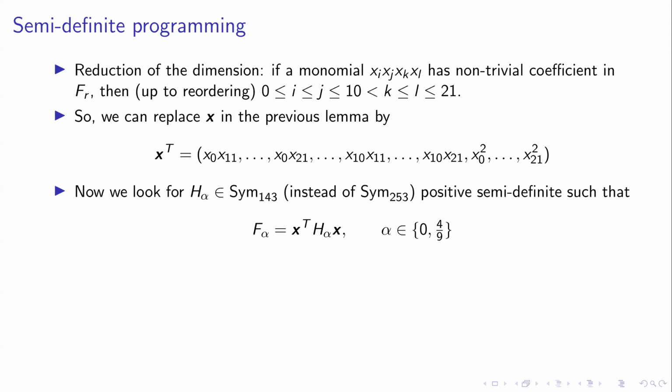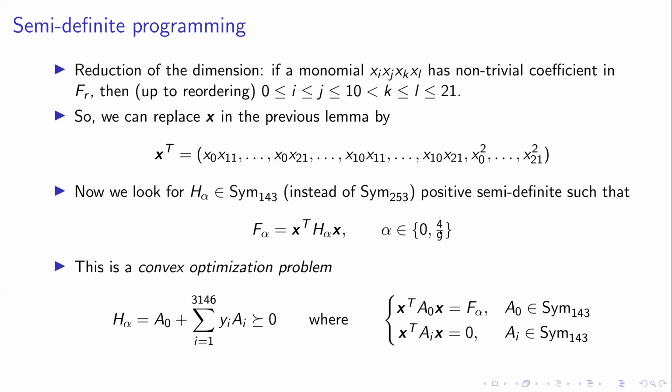Solving this problem is in general very expensive from a computational point of view. So this is a typical case of a convex optimization problem, which we can state as follows.